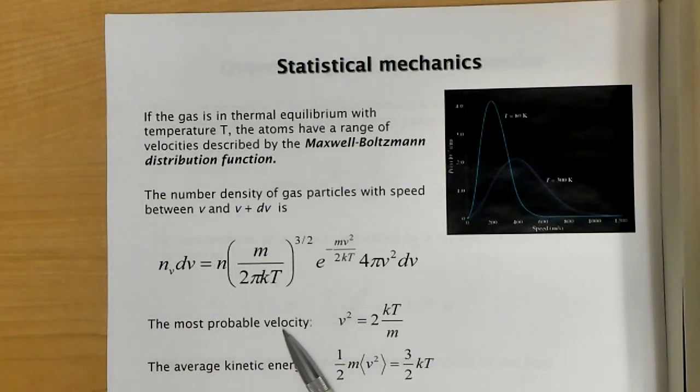Then we find that the most probable velocity will be v squared equal to about 2kT over m.